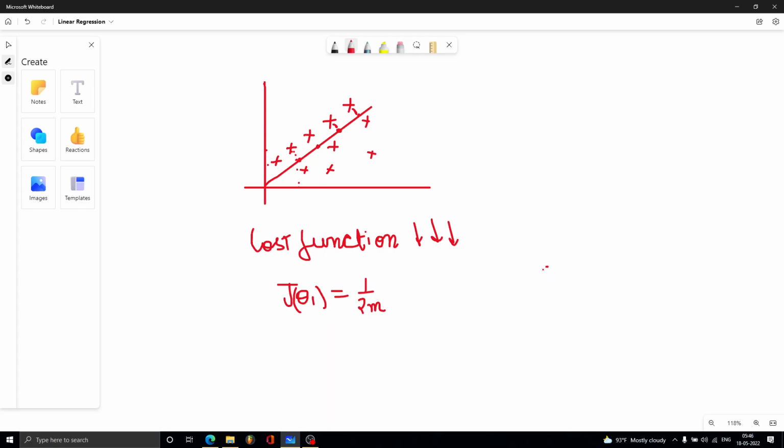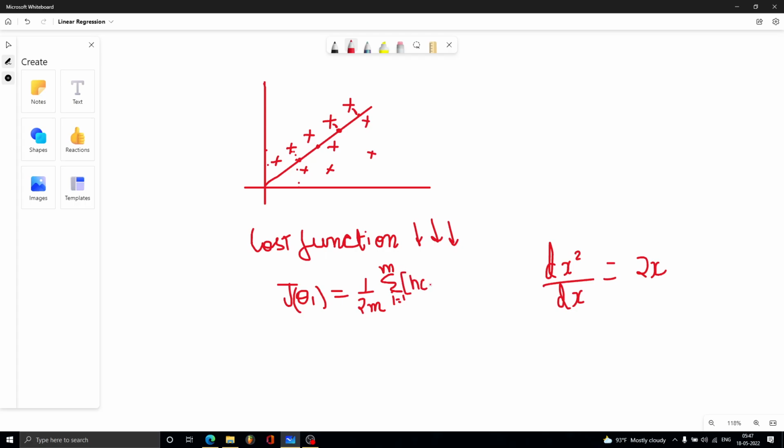Because look how it comes from this: we know that the differentiation of x square with respect to x is 2x. So we are doing the derivative and getting 1 by 2m. Now it looks like the summation of i equals 1 till m.